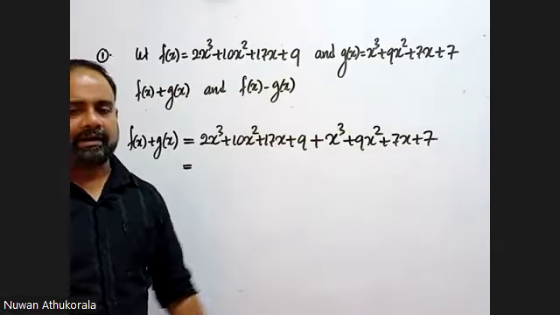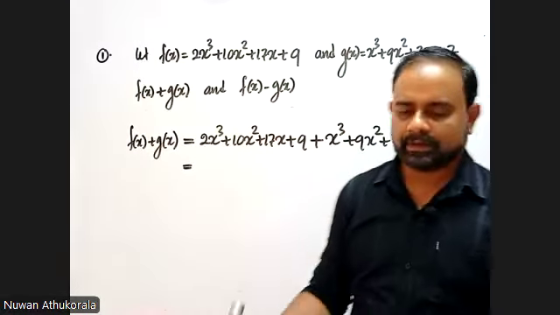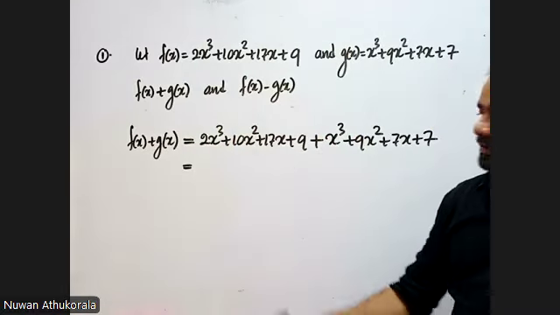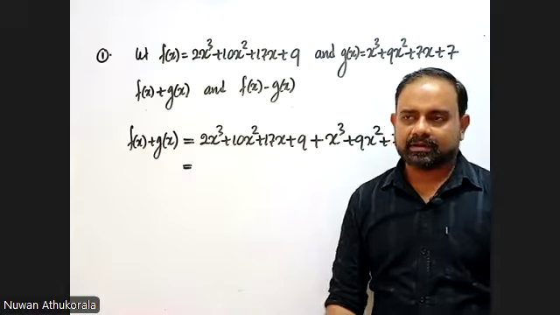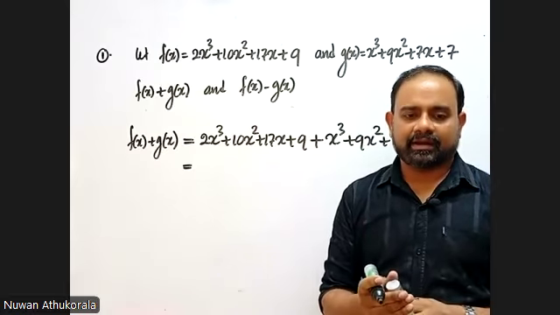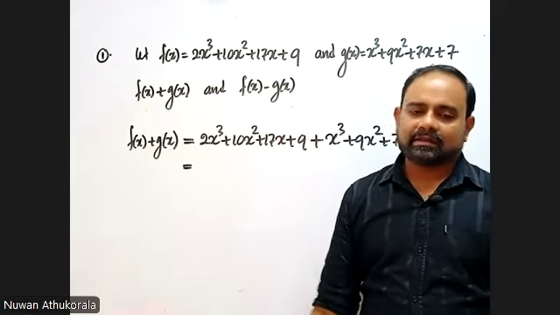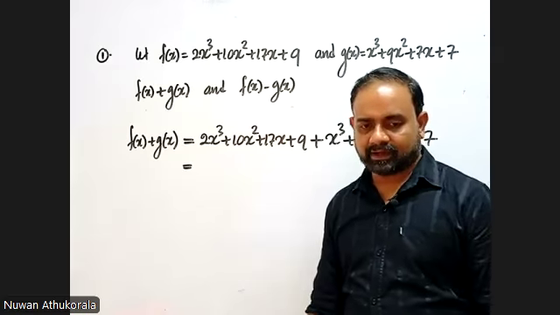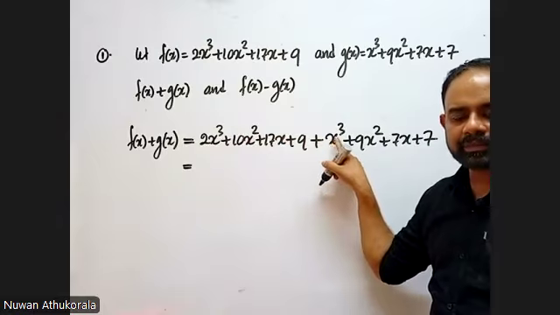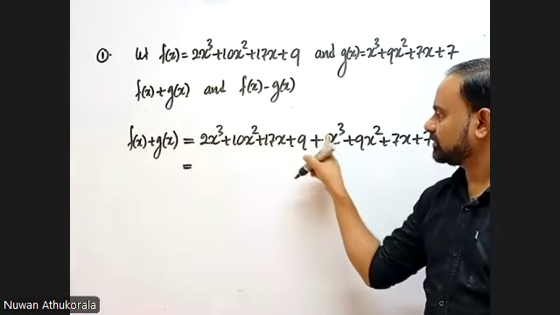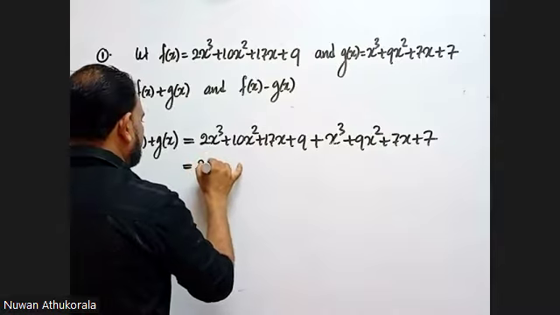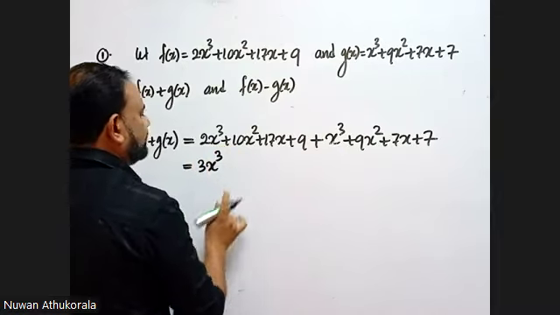Check the identical terms: 2x cubed and x cubed. If powers of the two terms are identical, then we can simplify the coefficient of this term, right? Here the coefficient of x cubed is 1. 2 plus 1 become 3, so 3x to the power 3.